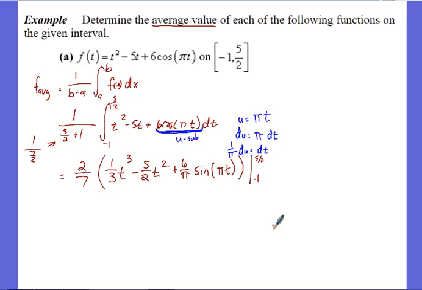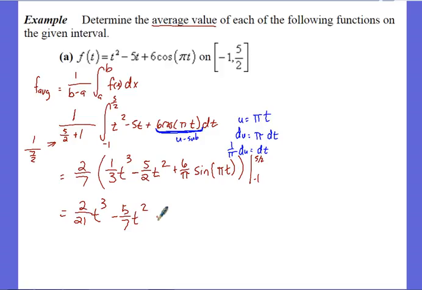Good. Distribute this 2/7. This 2/7 has to go to everything. So in the end, it'll become what? 2 over 21 t cubed. 10 over 14, though, I can reduce that to what? 5/7 t squared.